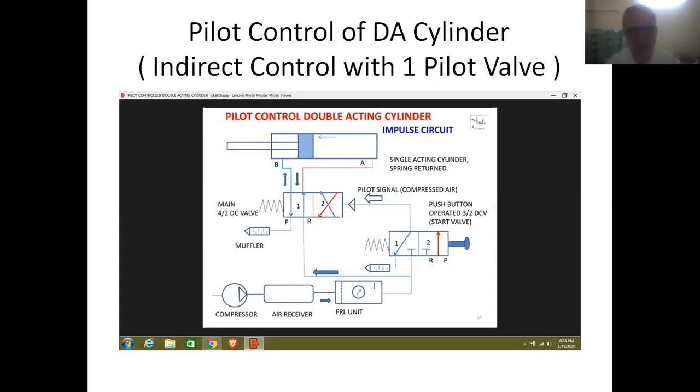So in most cases, the piston rod will be placed in the front portion of the cylinder, and in some cases, the piston rod will be placed in the back portion of the cylinder.